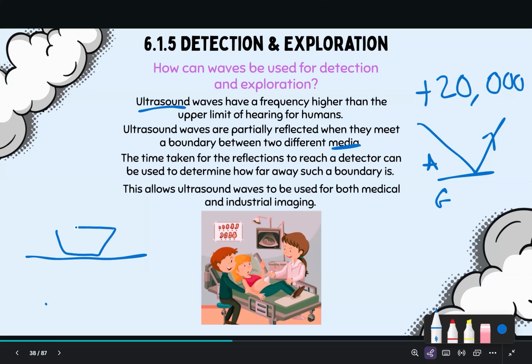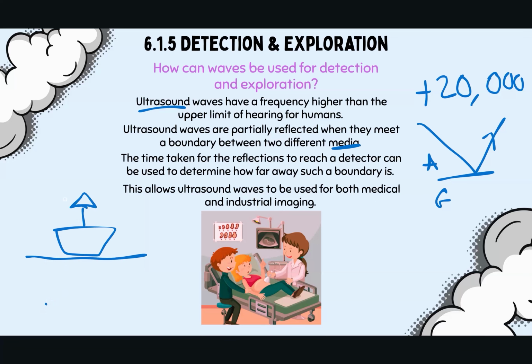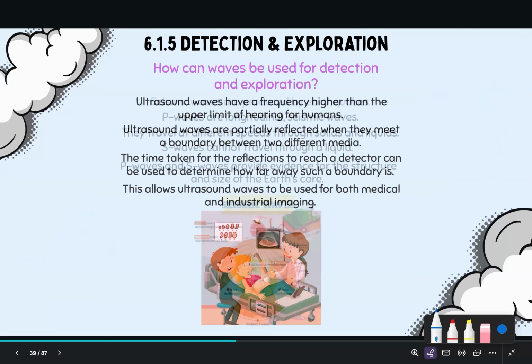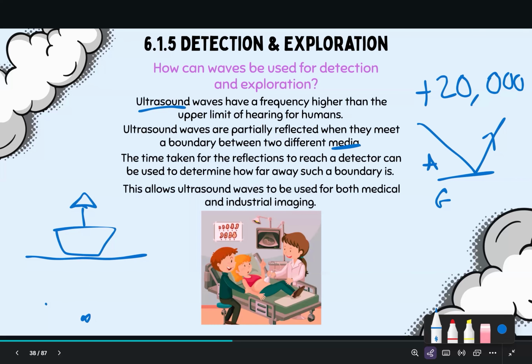Here's a boat, and here is a fish. It will release, that's a massive fish actually. Let me just make that a little more accurate. Here's that small fish represents a shoal of fish.